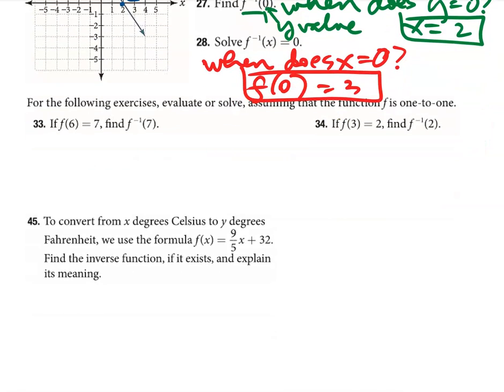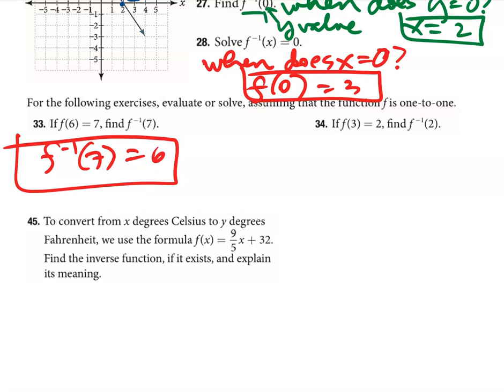Next, for the following exercises, evaluate or solve assuming that the function f is 1 to 1. So f of 6 is equal to 7. What is f inverse of 7? So f inverse of 7 is equal to 6. What do we do here?